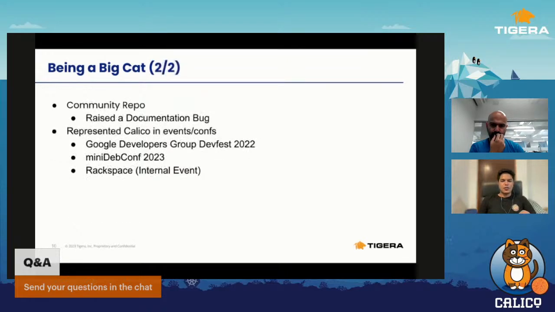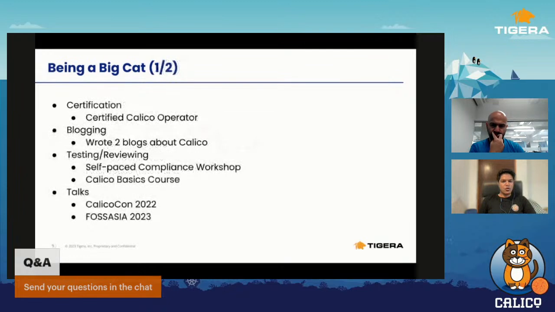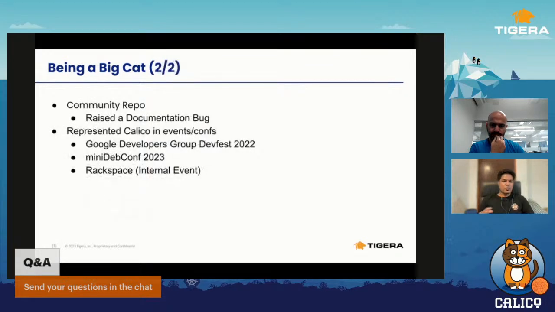Next is, while preparing for the CalicoCon talk, I was going through lots of documents on the Calico website, and I found an issue in one of the web pages, and I raised an issue about it, and it got fixed.